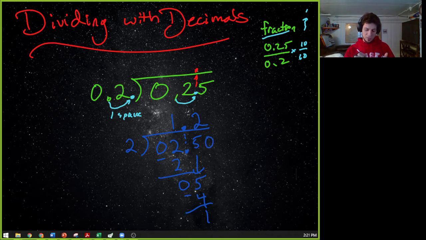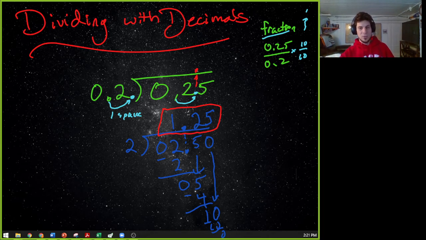It does not change the number, and I'm going to bring that 0 down. 2 can go into 10 5 times. 2 times 5 is 10, and we are left with a remainder of 0, so we are done, and our answer is 1.25. So our original problem, 0.25 divided by 0.2, is 1.25.